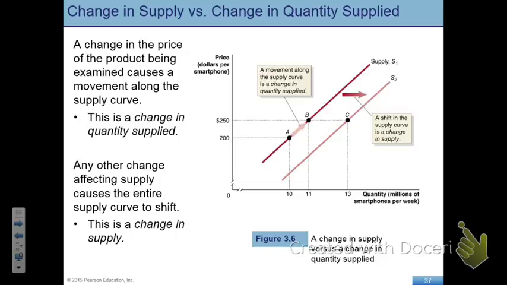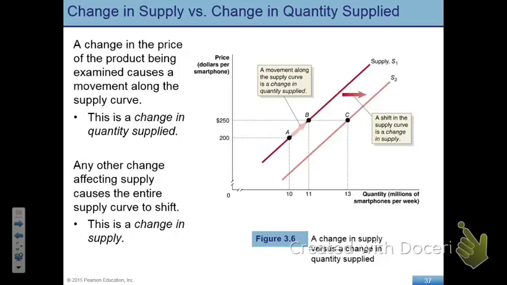If for some reason our producer moves from point B to C, at the same price, the change in supply is from 10 to 13, and that will be a change in supply and not change in quantity supplied.